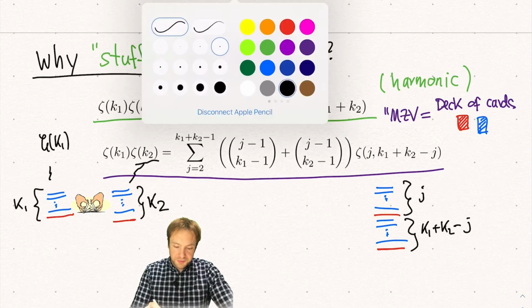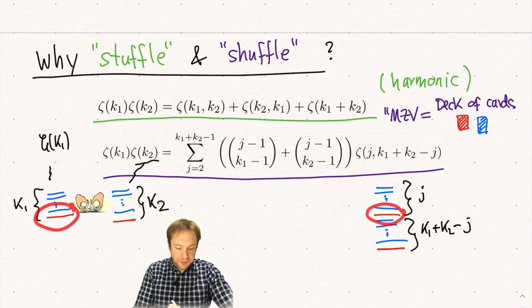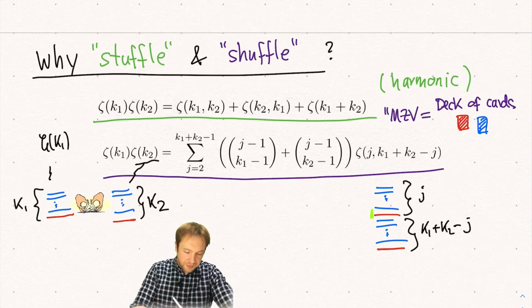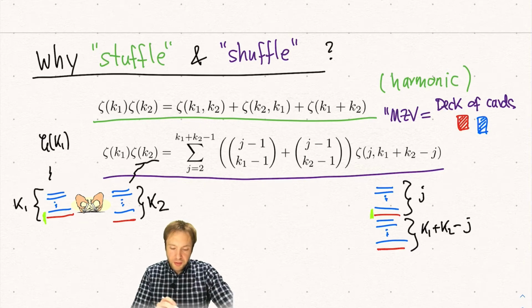Well, the first red card here could be either this red card or this red card. So let's assume that this is actually the red card coming from the zeta K1. How many ways are there that this can happen?